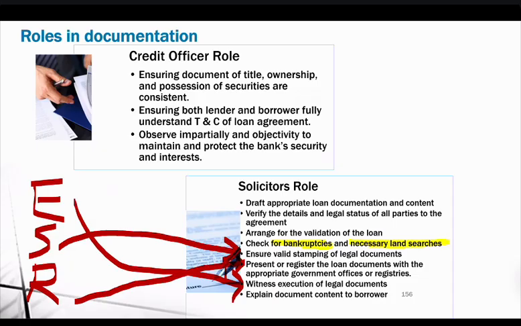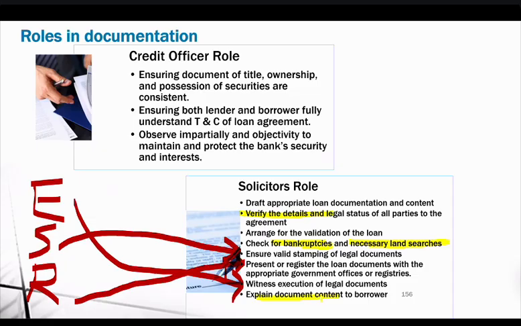They do land search, bankruptcy search, and for companies, they do one more search, CCM search, for business loan. CCM search is more for the business loan. As well as the other content like drafting, verifying, explaining documents, that's very straightforward.